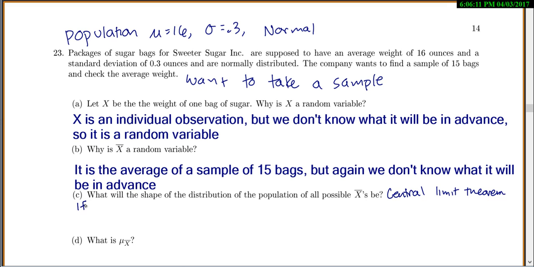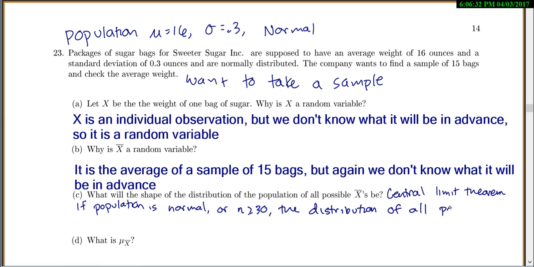So if the population is normal, or our sample size is at least 30, the distribution of all possible x bars is normal.